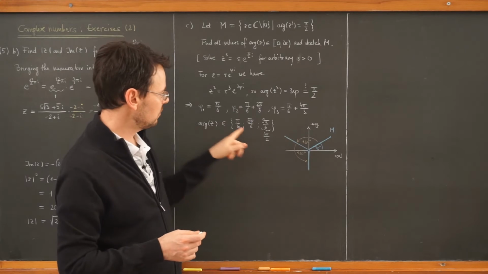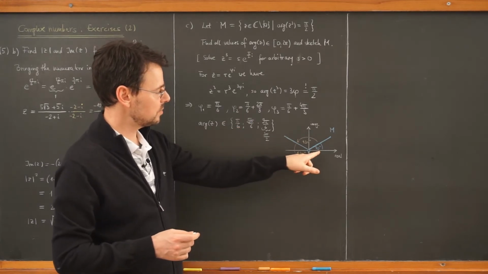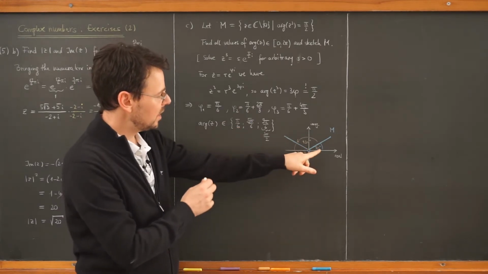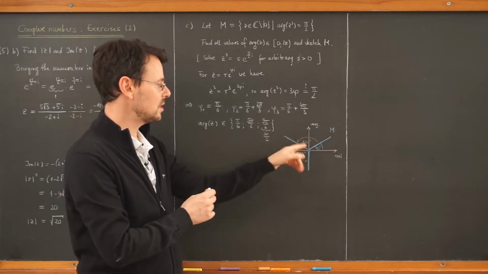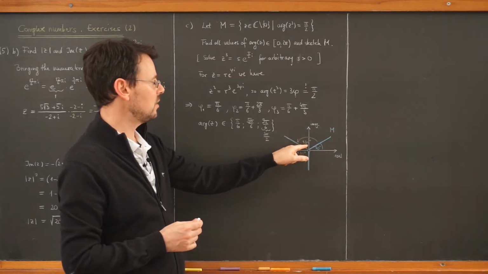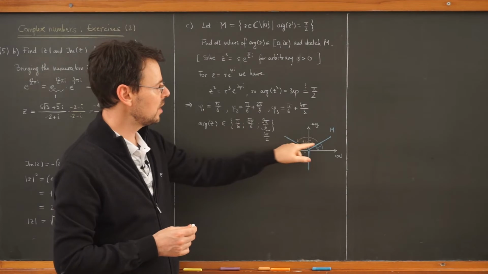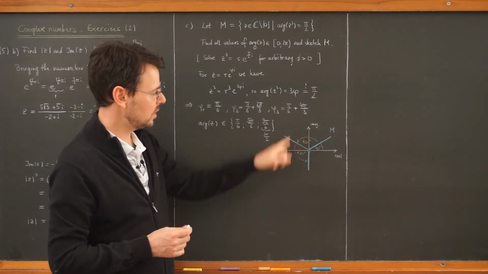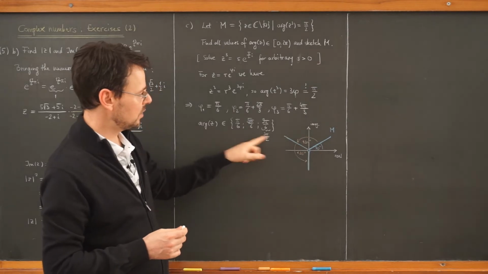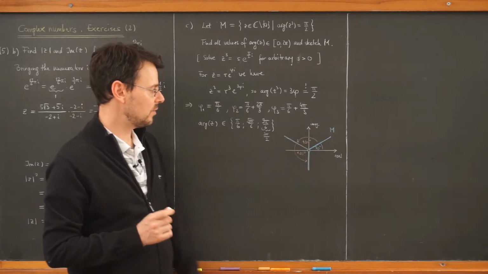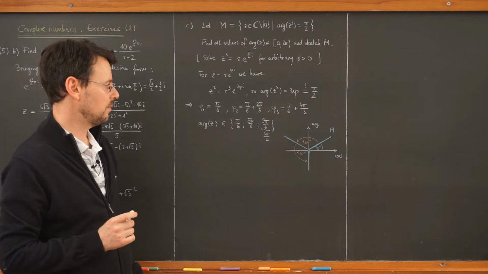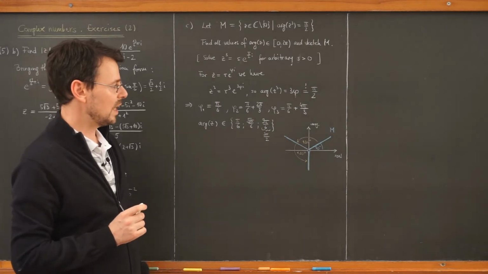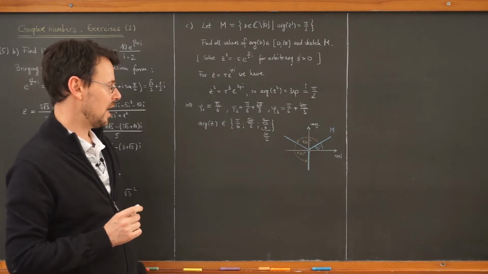So this here, the first angle pi over 6 corresponds to 30 degrees, and then you simply rotate this line by 120 degrees or 2 pi over 3, and then another rotation of 2 pi over 3 gives you this angle, which all in all is 270 degrees. And then the blue lines together are the set M.